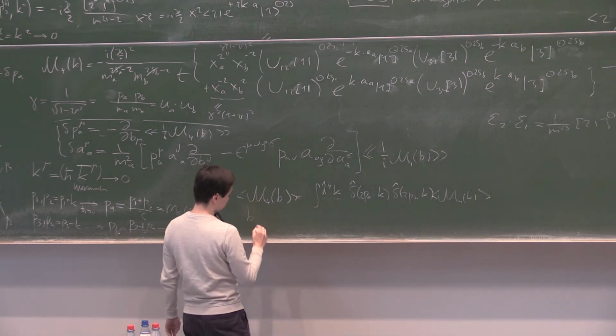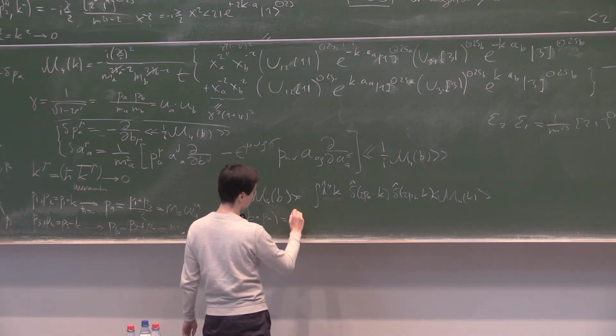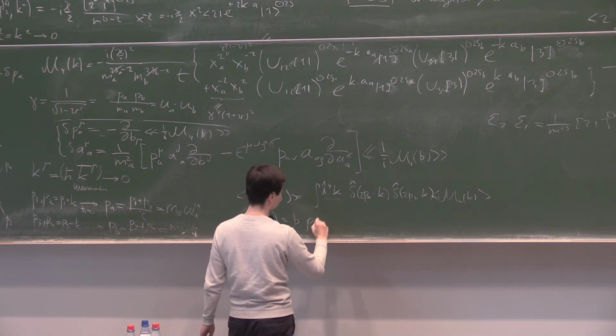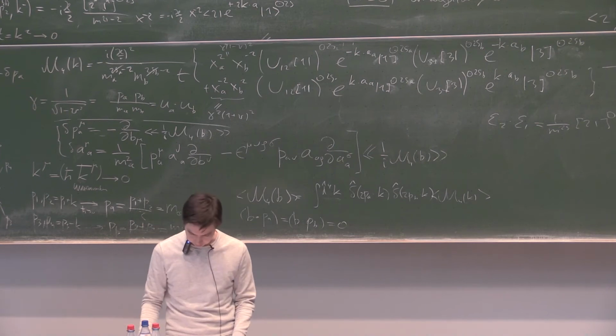And using the fact that B as an impact parameter, it must be transverse to the incoming momenta in the classical picture, I can just perform this Fourier transform.